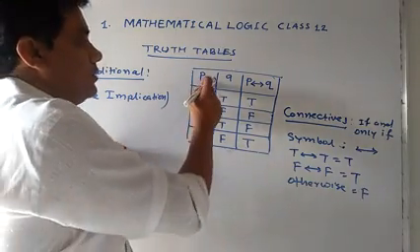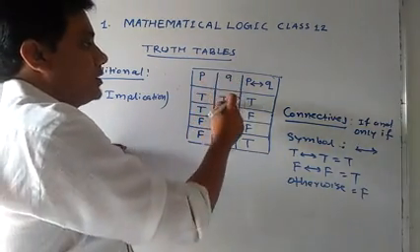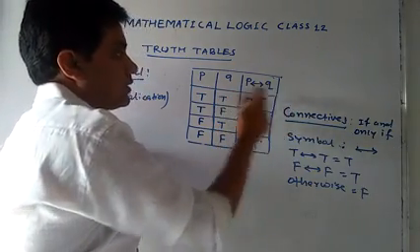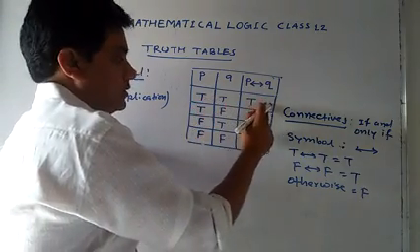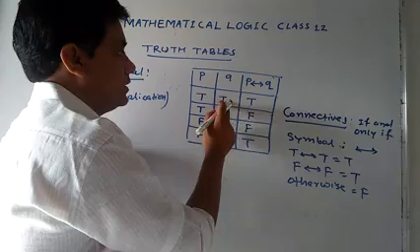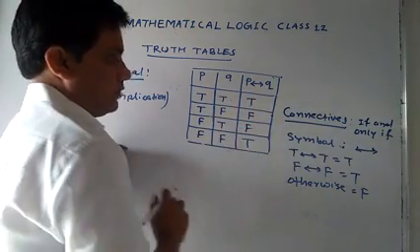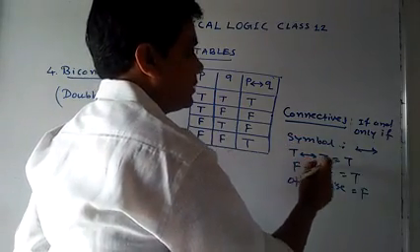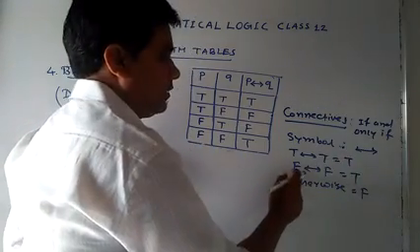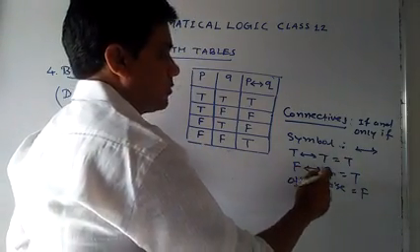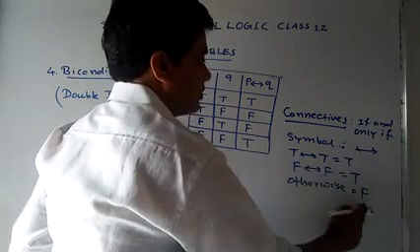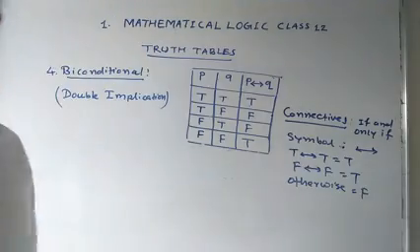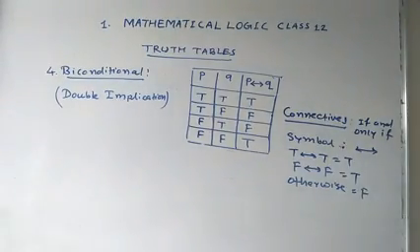Here the P statement is T, F, the Q statement is T, F, and P biconditional Q. In a biconditional statement, T if and only if T is T, and F if and only if F is T, otherwise F. The connective is 'if and only if' and the symbol is double implication.